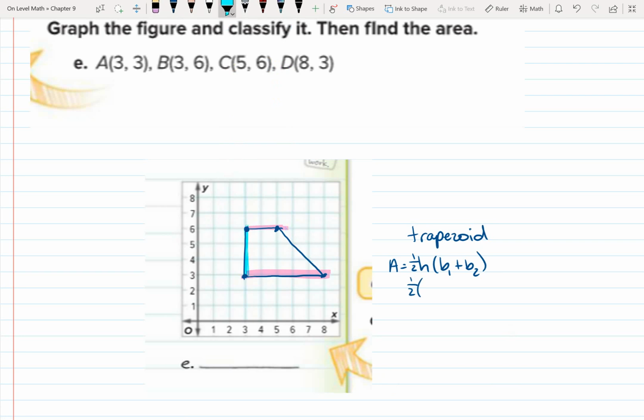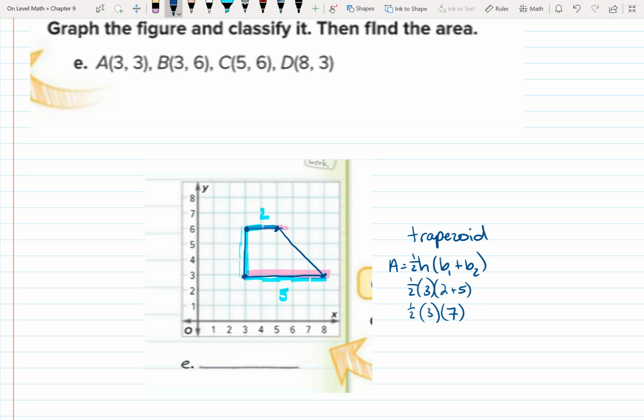Not that, it's this. So it's 1, 2, 3 is our height. Our base 1, 1, 2, base 2, 1, 2, 3, 4, 5, okay. 2 and 5, so 2 plus 5. Alrighty, 5 plus 2 is 7, 3, 1/2.